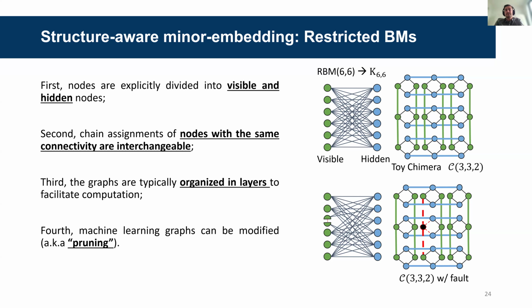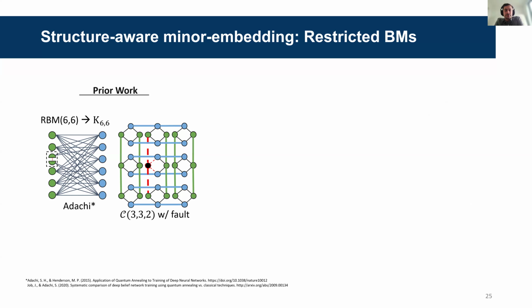So those faults would split the chains of qubits for a node, and we'll split them into what we call subchains or disjoint chains. So in the literature, we found one method, the earliest method from Adachi and Henderson, but the method is to interpret the chains as broken and then you simply resolve them by majority vote as if they were connected.